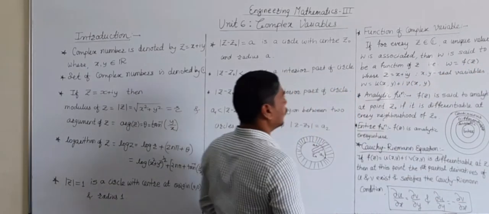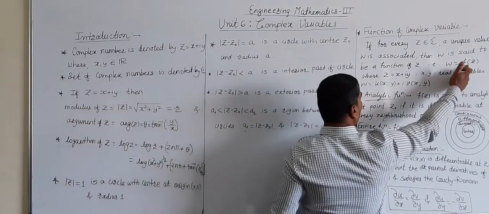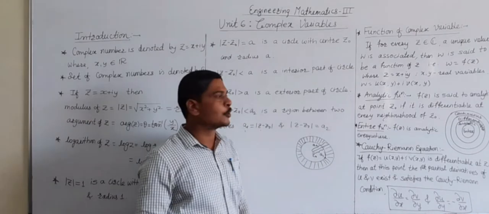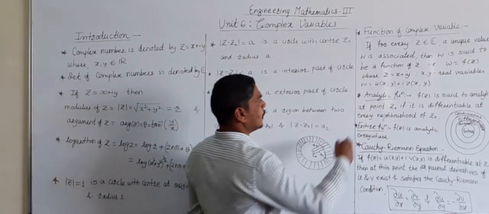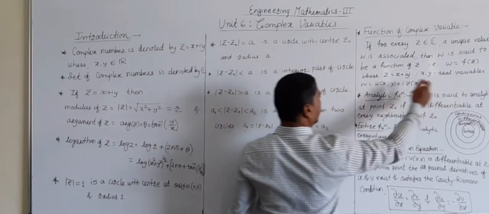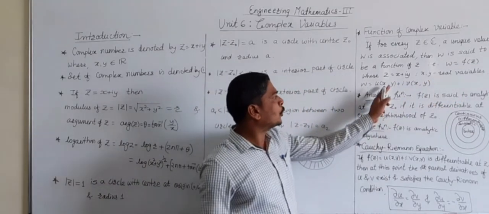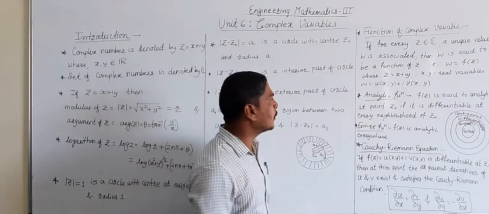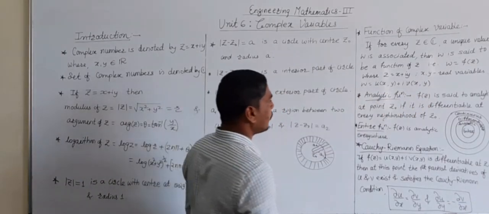So for every z in C, we get a unique value w, where z is equal to x plus iy. x and y are real variables, and w is equal to a function of x, y plus i times another function of x, y. So we get another complex function.